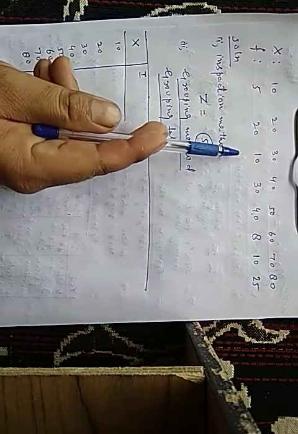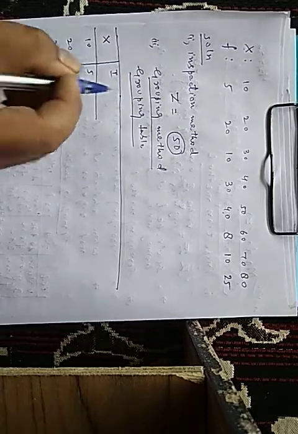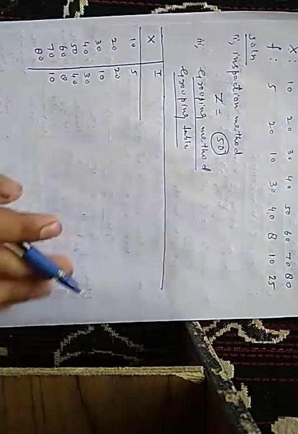In the first column we will write the values of frequency as given in our question, in our data. The same values are written, which are 5, 20, 10, 30, 40, 8, 10 and 25.